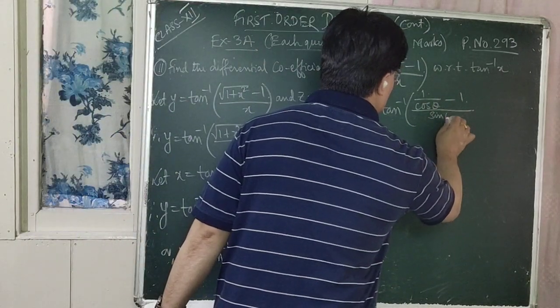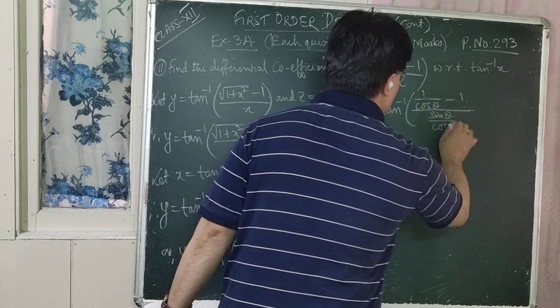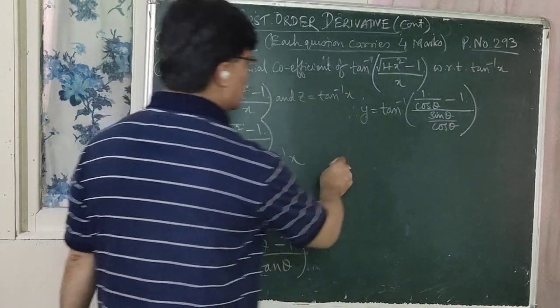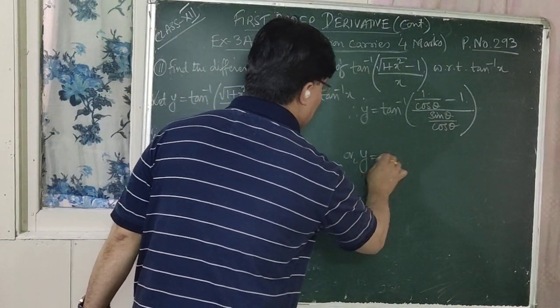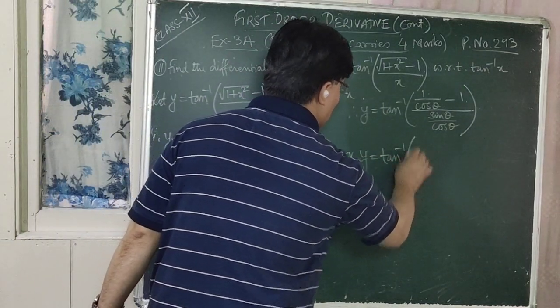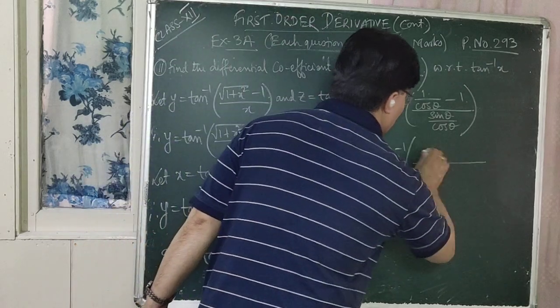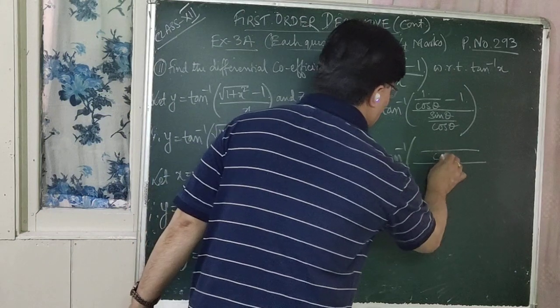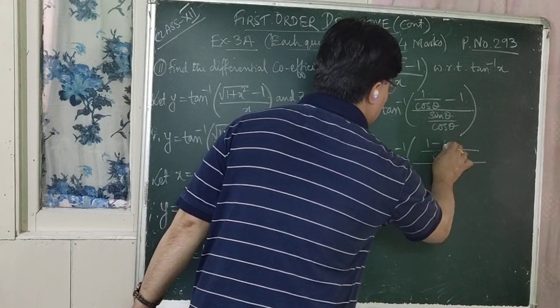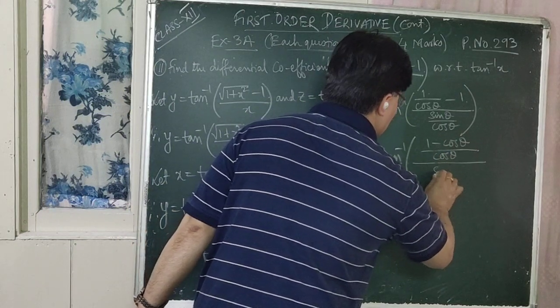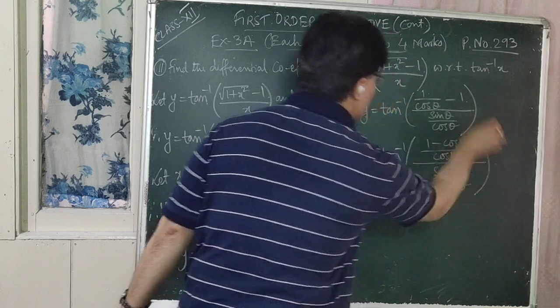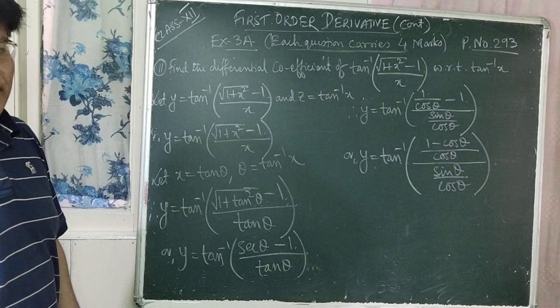It is sin theta by cos theta. Is it clear to all of you? So let us simplify it. y is equal to tan inverse within bracket, in the numerator what's the LCM? It is cos theta, right? So here cos theta is the LCM. It is 1 minus cos theta divided by sin theta upon cos theta. So this is the simplified fraction.